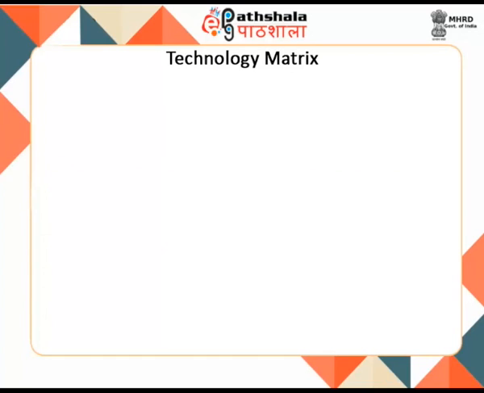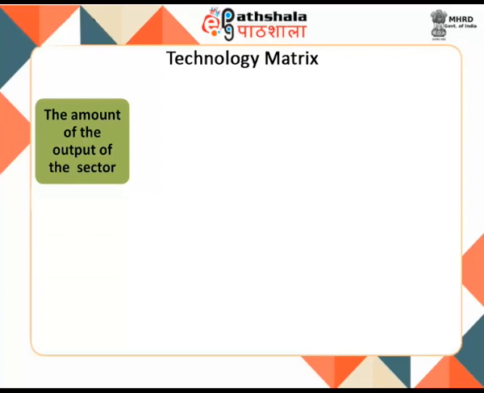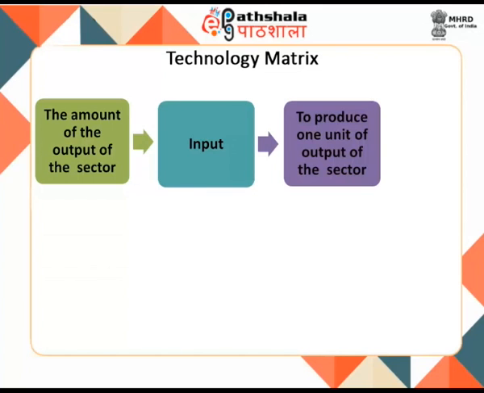Technology matrix, which would indicate the amount of the output of the ith sector or industry which is used as input to produce 1 unit of output of the jth sector or industry, we call it Aij, where j equals 1, and so on to n.